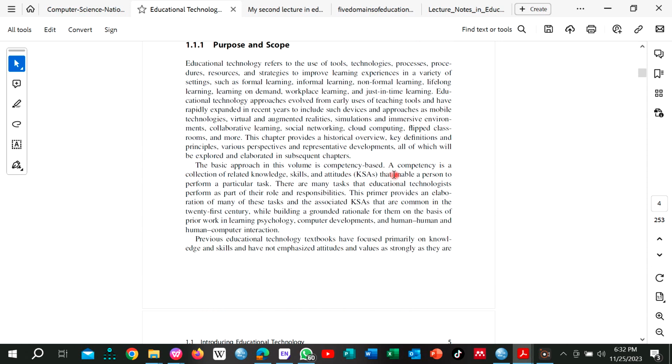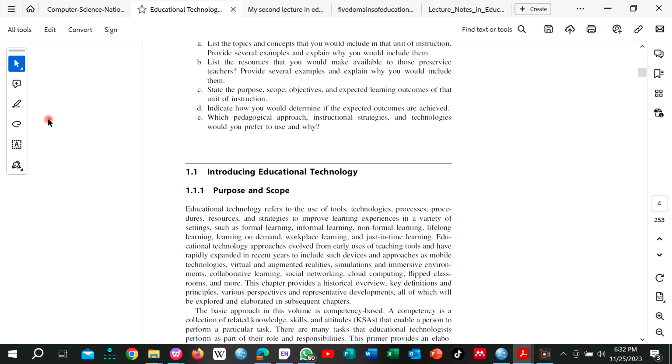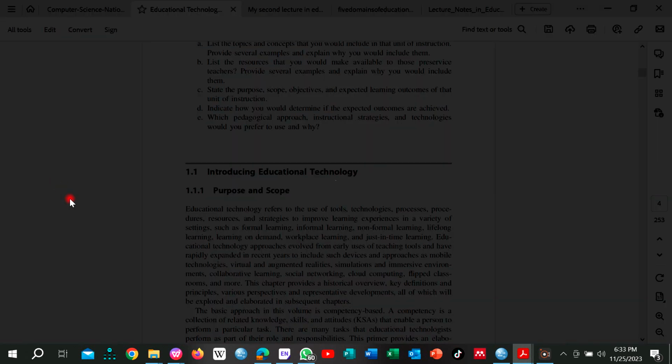So we're looking at what is needed, all these tools, to make the teachers, the students, and all those resource persons that are there productive as far as technology is concerned.